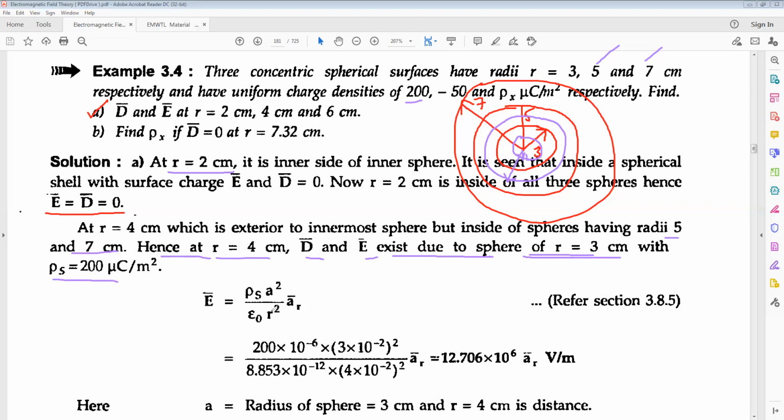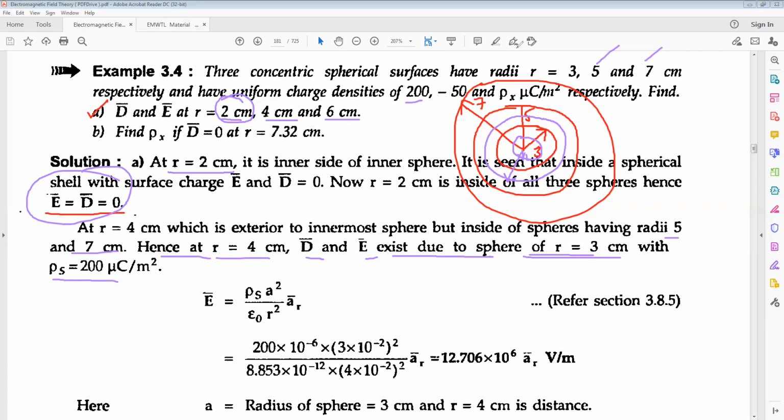A squared uses the radius of the concentric sphere and R is the given radius, to find E bar and D bar at 4 centimeters and 6 centimeters. For 2 centimeters, we got both values as 0. For 4 centimeters, E bar is equal to rho s, given as 200 microcoulomb per meter square, times A squared, where A squared is (3 into 10 to the power of minus 2) whole squared, divided by epsilon naught, which is 8.854 into 10 to the power of minus 12, and R squared with R is 4 centimeters, outside the 3 centimeter sphere.